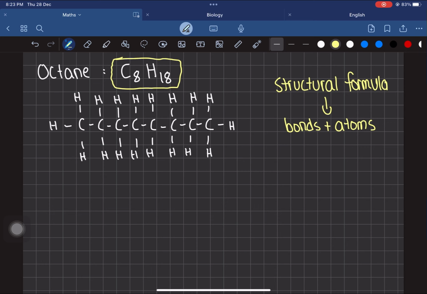So don't get confused between molecular formula and structural formula. As the name shows, we can already guess that for structural formula we need to draw the bonds. So whenever the question asks for structural formula, there will also be a clean space given. So just make sure that you draw the correct bonds. If you draw the correct bonds for carbon, the hydrogens will be automatically correct.